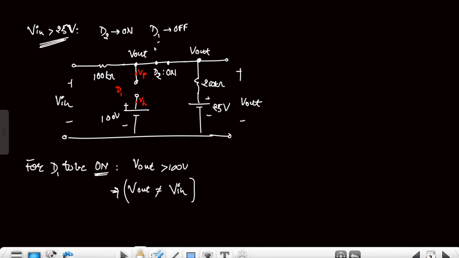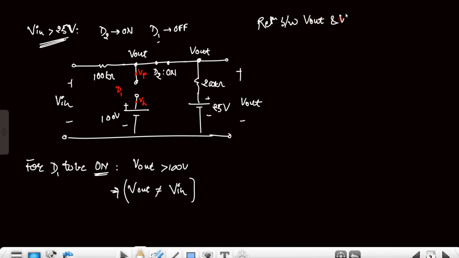Now for D1 to be on, Vout should be greater than 100 volt. And for calculating the value of Vin, first of all we have to find the relation between Vout and Vin. Because of this resistor Vout is not equal to Vin, so we apply KCL at the Vout terminal.